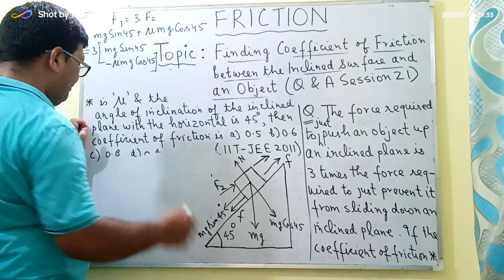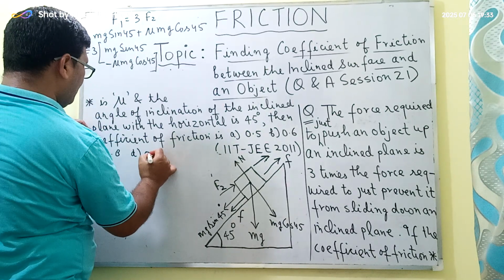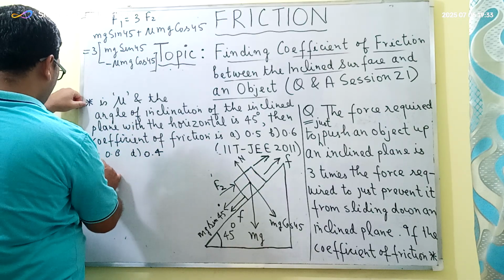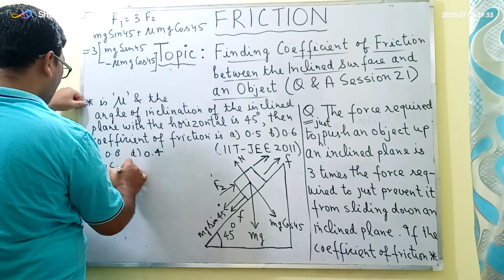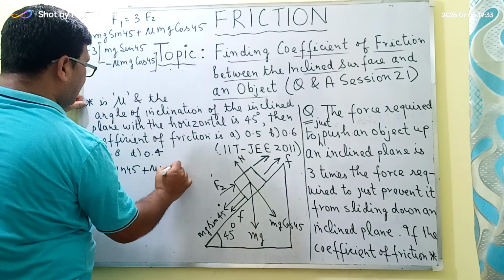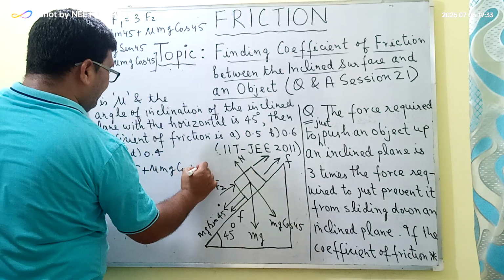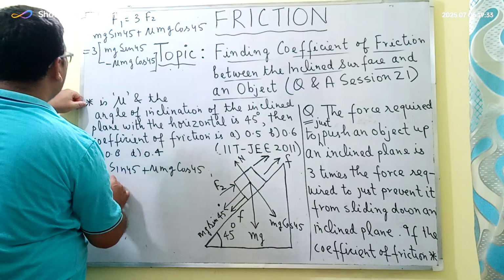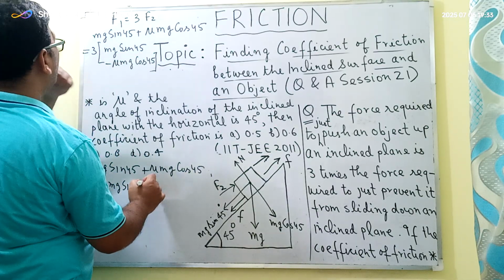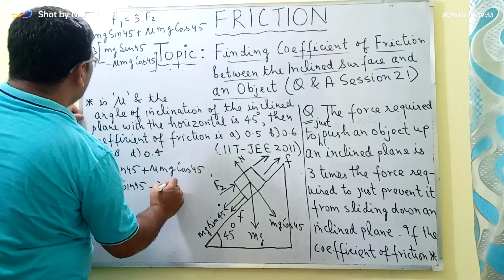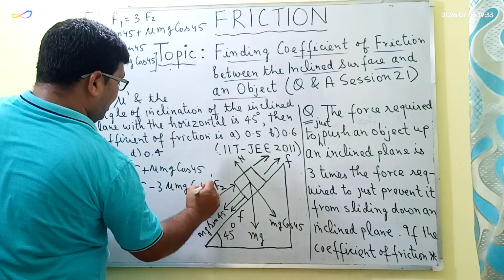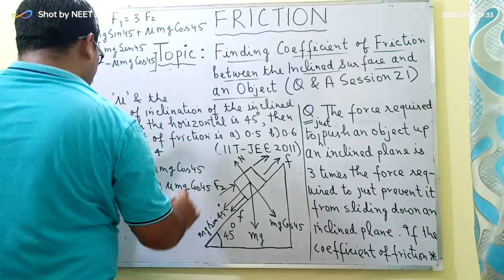So from here I will get mg sin 45 plus mu mg cos 45 equal to 3 mg sin 45 minus 3 mu mg cos 45.